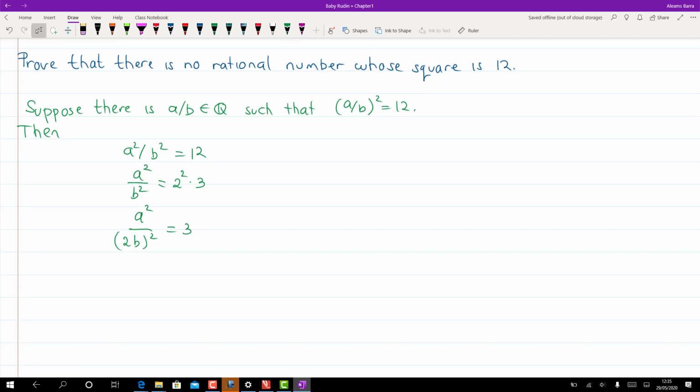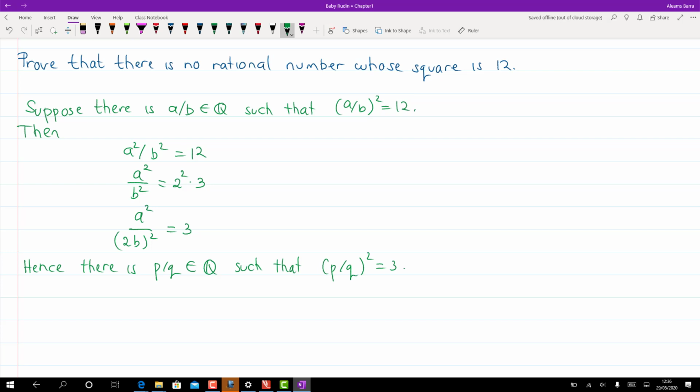So by assuming there is a rational number such that its square is equal to 12, we arrive at the conclusion that there is a rational number p over q in the rational number field such that (p over q) squared is equal to 3.